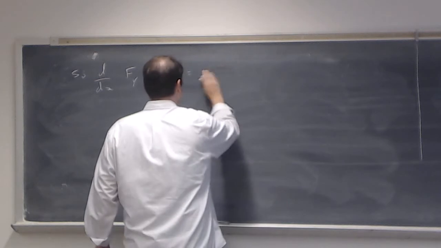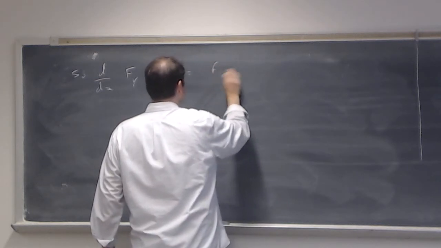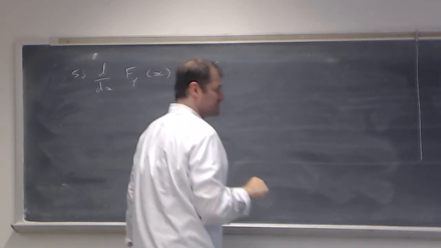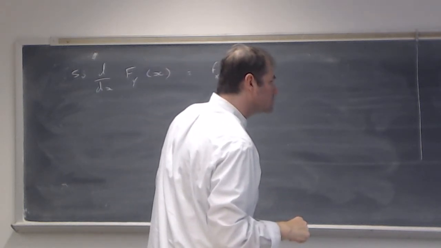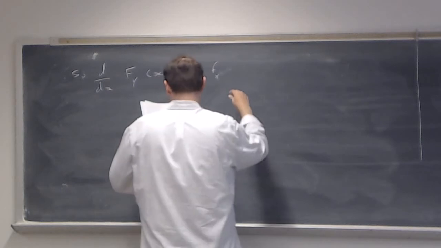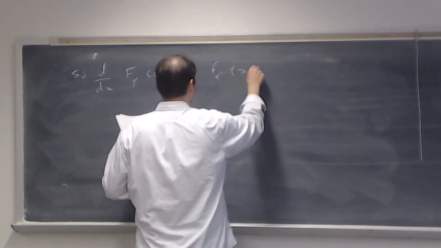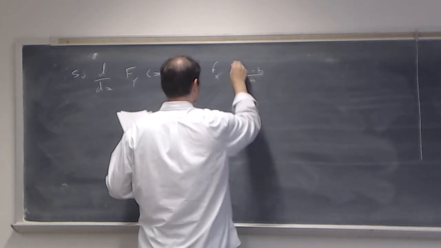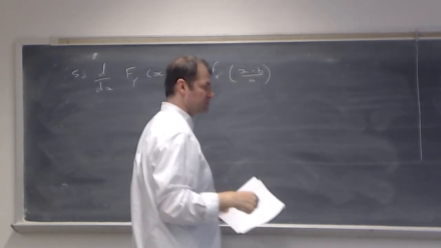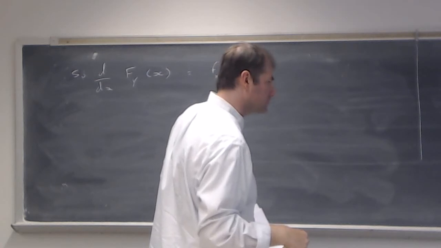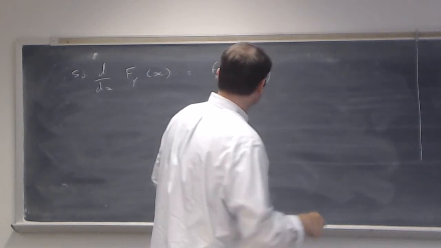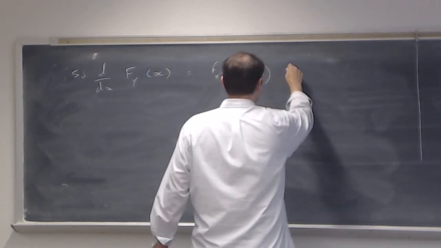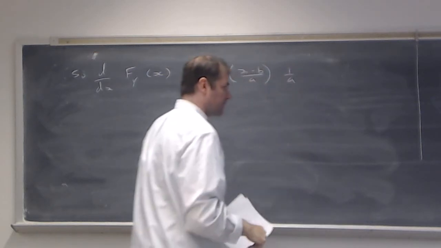This is really nothing more than the PDF of x evaluated at x minus b over a. That's what that would be. Times the derivative by the fundamental theorem of calculus of x minus b over a, which is 1 over a. That's what we have.